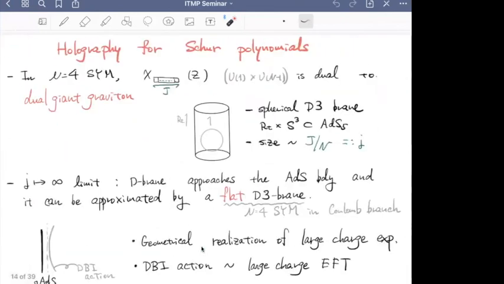And it turns out that this object also has a dual description, but now it's going to be given by some D3-brane, which is point-like in AdS, but extended in S5. So this one is extended in AdS5, but the other one is extended in S5. I see.